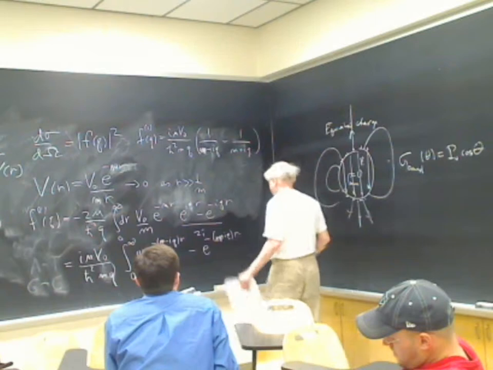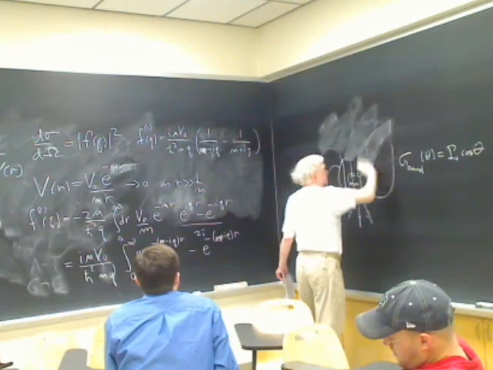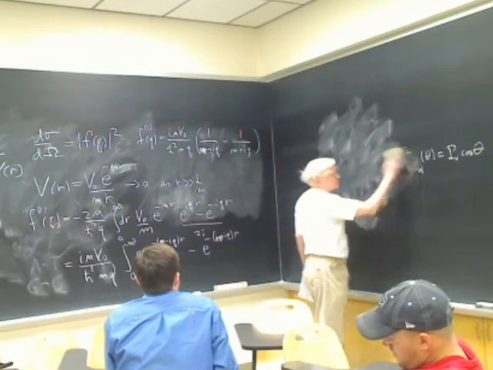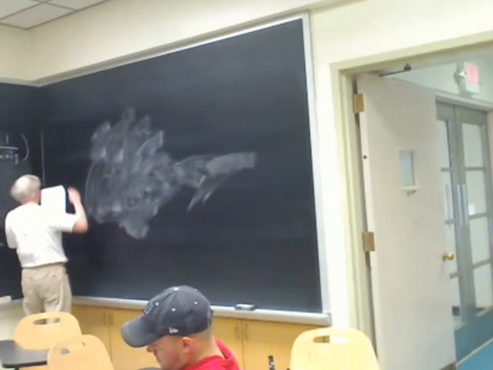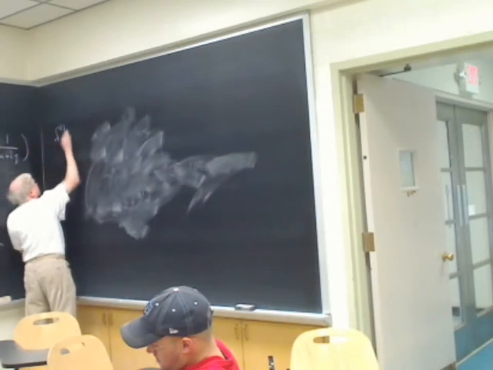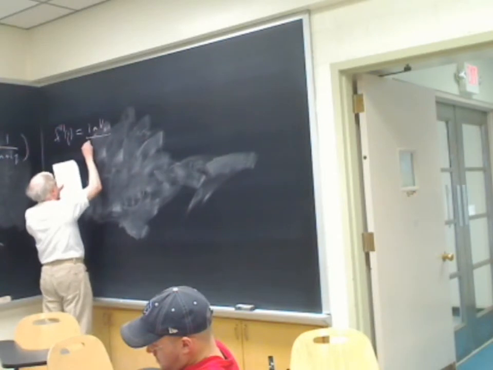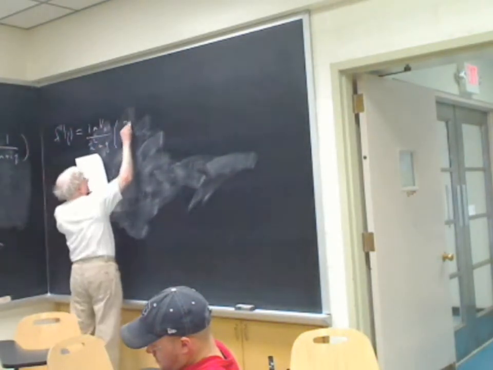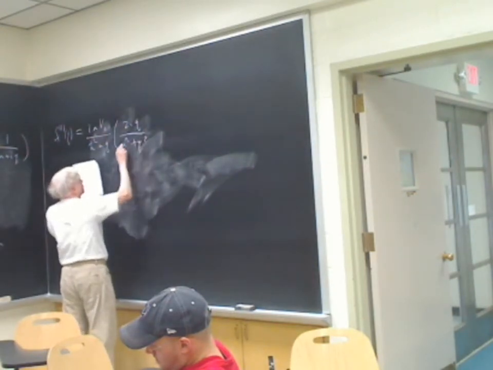And now we rationalize these fractions. And what we have is f of q equal to i mu V0 over h bar squared m q, times 2iq over m squared plus q squared.